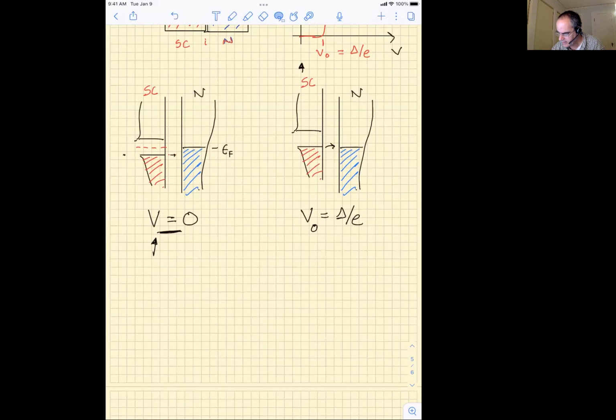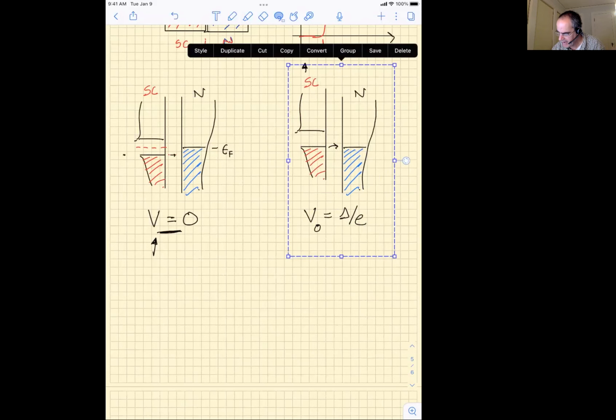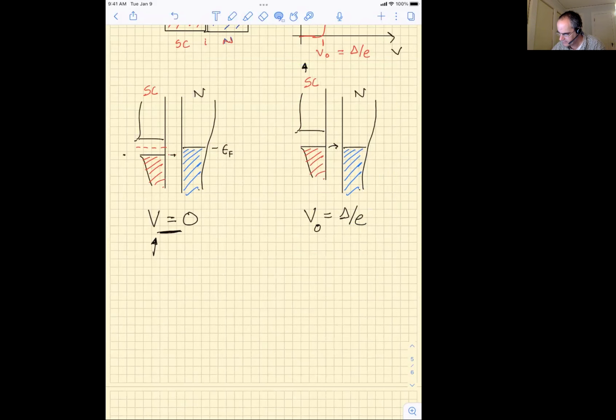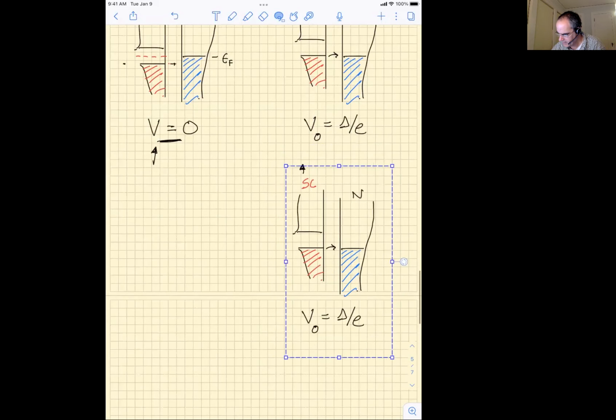In addition, if we make the voltage the same magnitude but negative in sign, we can get a current to flow in the following way. Give me a second while I mess around with my drawing here.